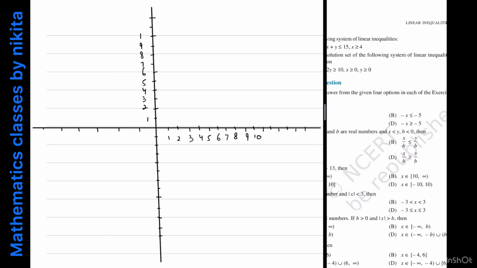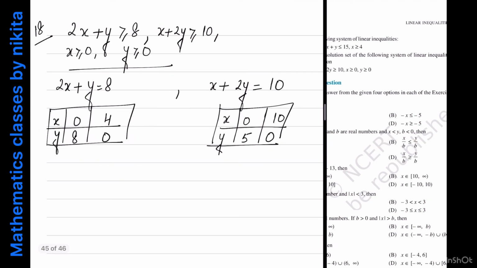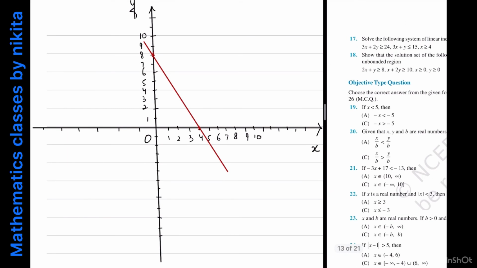So this is your x axis, this is your origin, and this is your y axis. So origin basically is 0, 0. Now for the first line we have 2 points 0, 8 and 4, 0. Let's join them. So this is the first line, which is 2x plus y equal to 8.